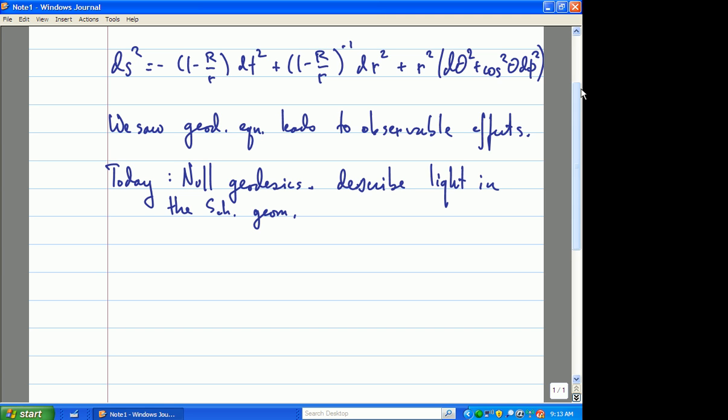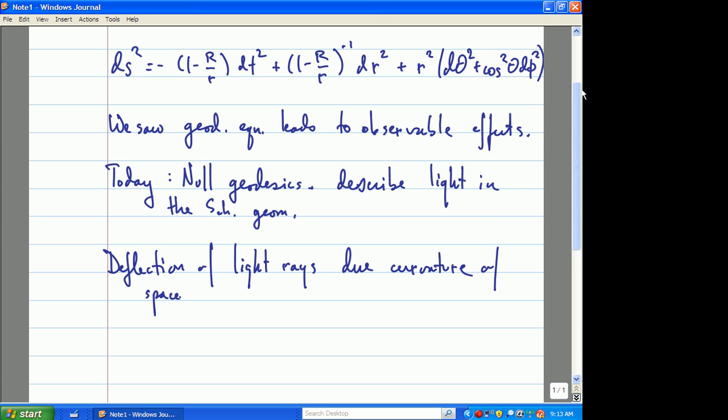So we wish to study, for example, the deflection of light rays due to the curvature of spacetime. This is a rather famous effect and one of the most well-studied effects of general relativity, which is known as gravitational lensing.